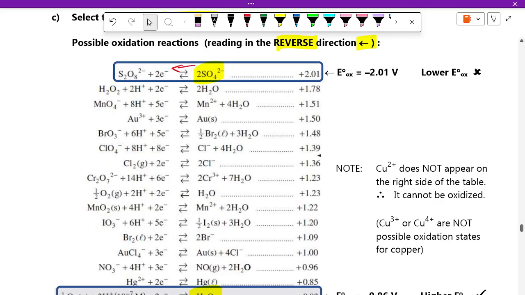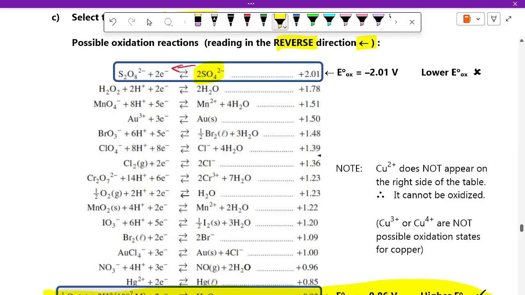Can copper 2 plus get oxidized? No. So we don't even have to consider it because it cannot become copper 3 plus. Okay, and you won't find copper 2 plus on the right-hand side of the table. So out of these two, you need to look at the oxidation potential and say which one is more preferential there. So that's going to be our water in this case.